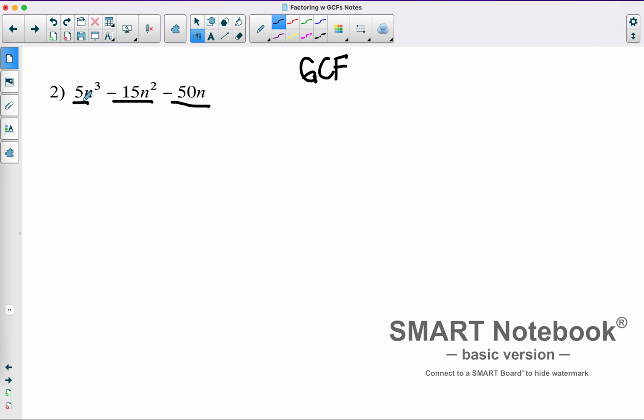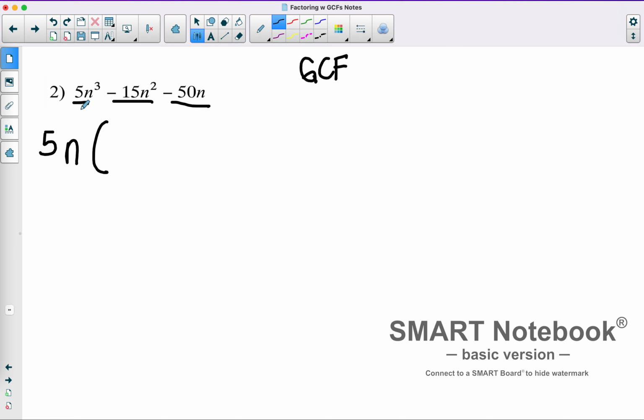One thing I notice is that every single one of them has a factor of n in it. So part of the greatest common factor is going to be n. But if I look at the coefficients, 5, 15, and 50, all of those also are divisible by 5. So 5n is the GCF.